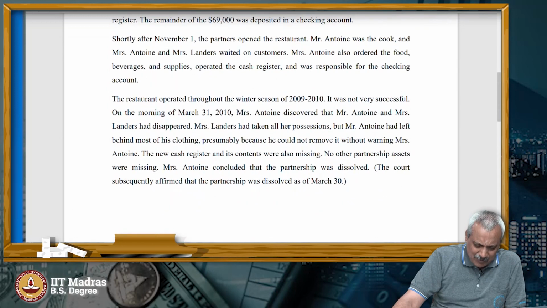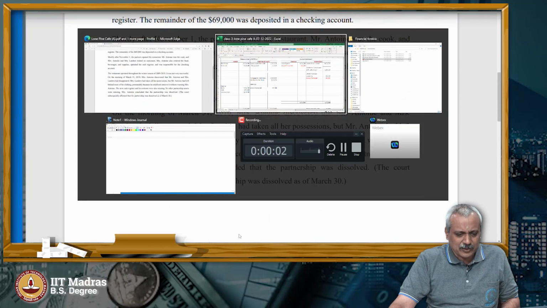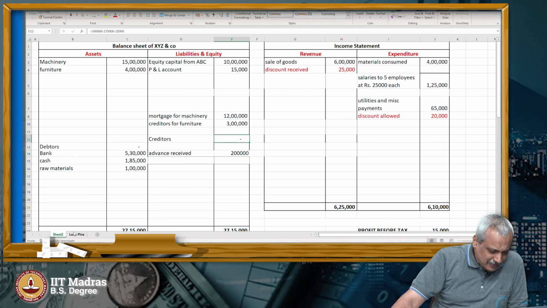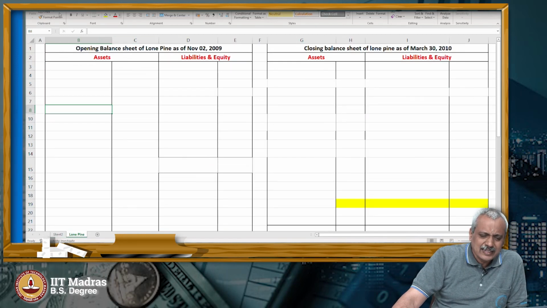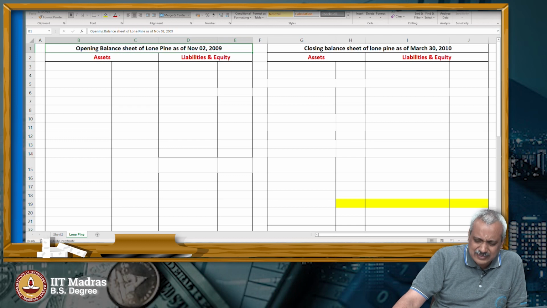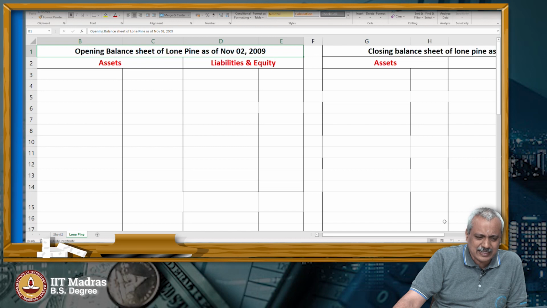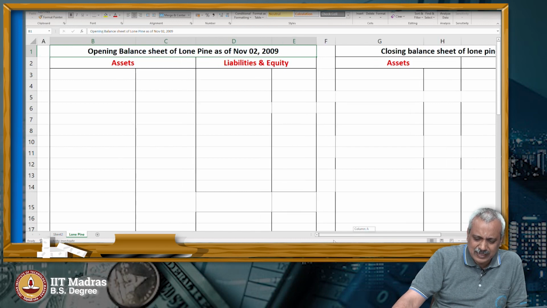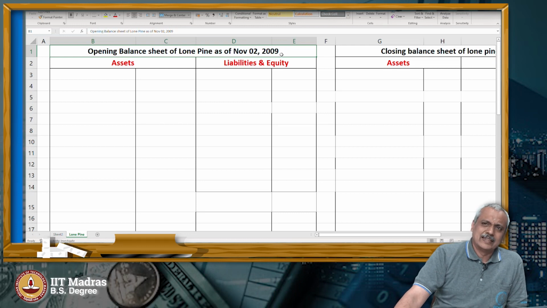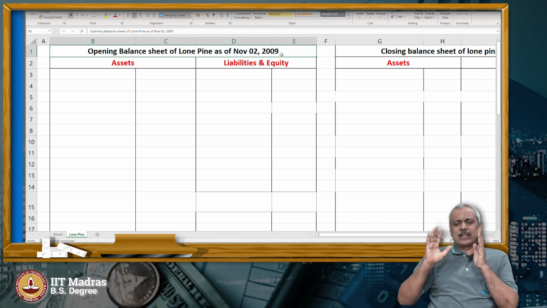Now, as a first step, I am going to go back to my Excel sheet, and let us look at preparing an opening balance sheet, that is, when the entity was started: the opening balance sheet of Lone Pine as of November 2, 2009. What are we preparing?